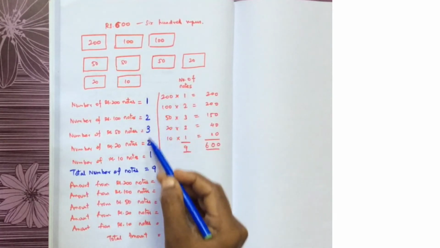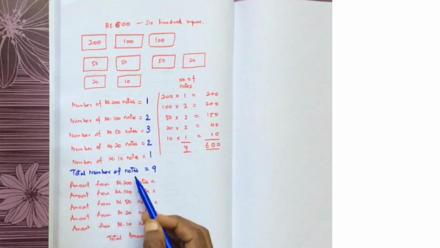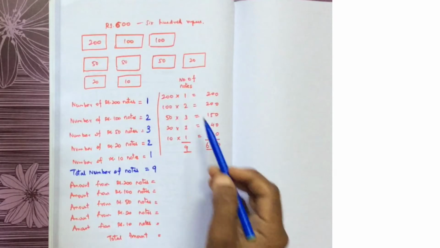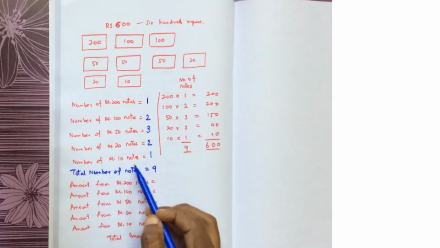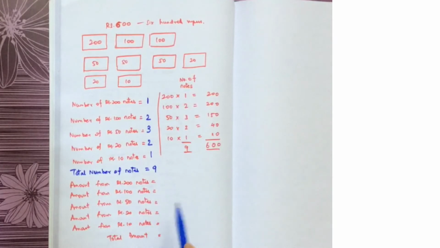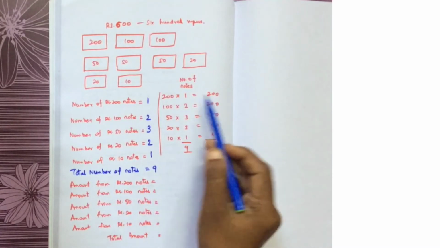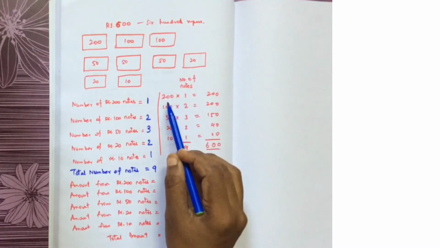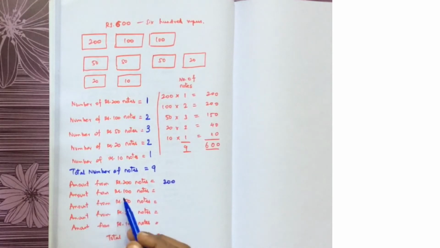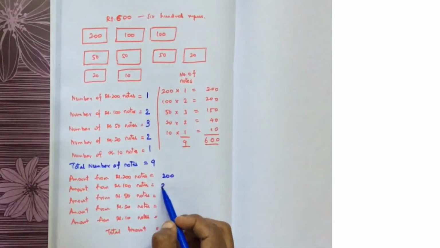If you add it together, you will get the total number of notes. So you should know the difference between this column and this column. This column says the total number of notes. So the total number of notes is 9. Now again, what is the amount from the 200 rupees note? The amount from the 200 rupees note is 200 multiplied by 1 is 200. Amount from the 100 rupee note is 200.